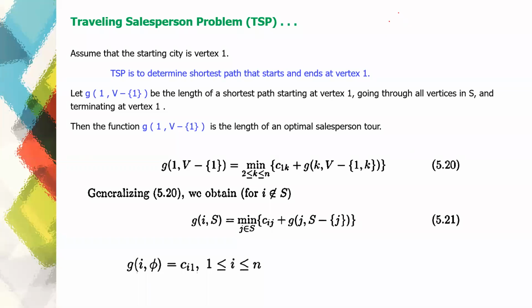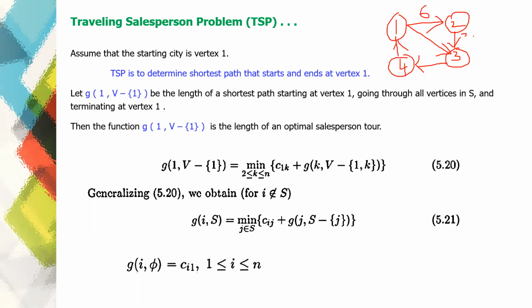if I have some graph like this, where there are 4 cities. So the 4 cities are represented by using 4 vertices, and there will be directed edges which will be connecting any 2 cities, and these edges will be weighted.